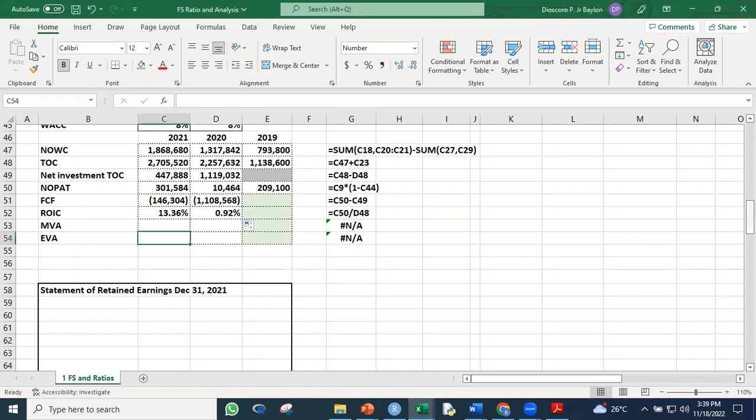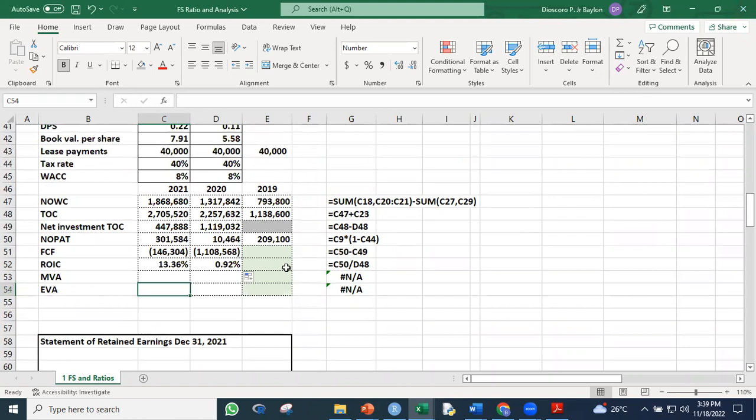Thank you, Micaela. Okay, guys, don't forget, yung ROIC, we can only conclude that the company was able to create value if we compare it to the WACC, di ba? Ang WACC natin 8%, ang return sa paggamit ng operating capital is 13.36.